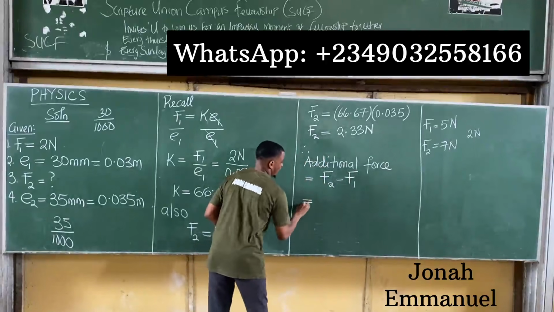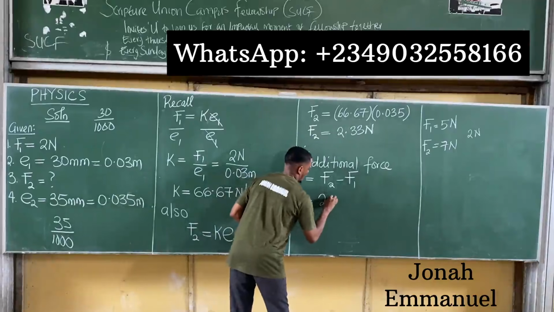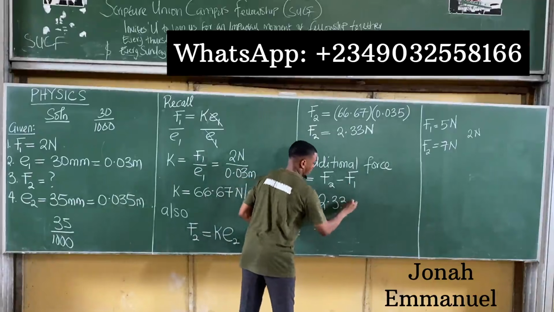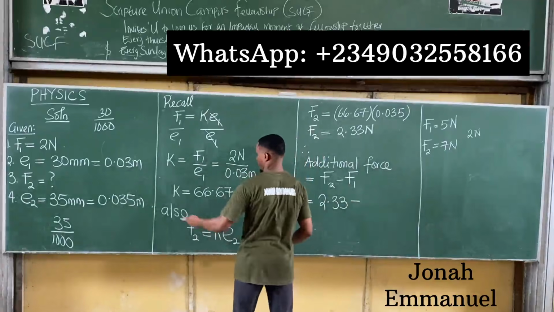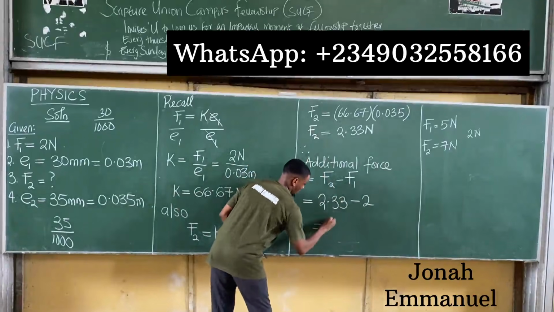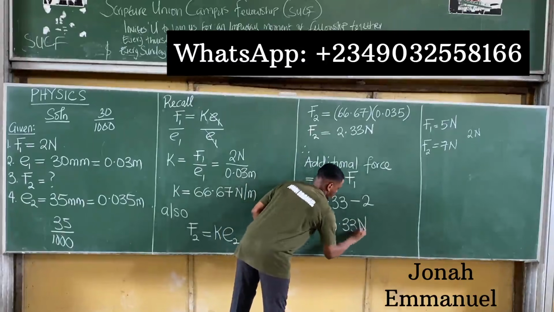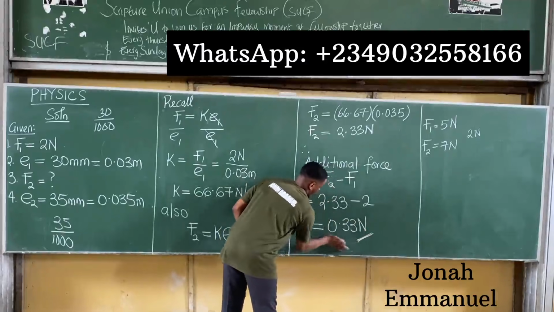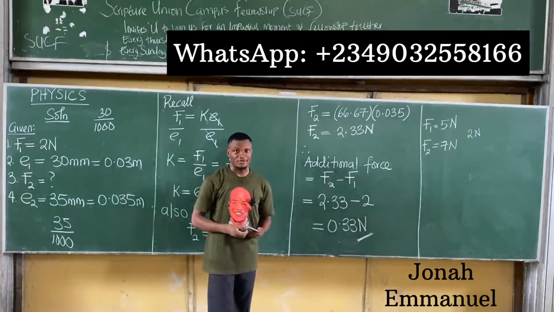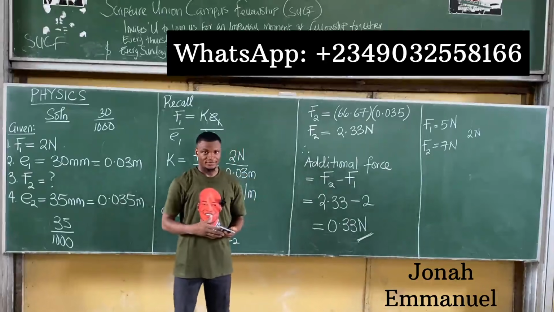So it becomes F2 minus F1, which is 2.33 approximately, minus F1, which is 2, and that will give you about 0.33 Newton. So this is the value of the additional force. This is how we solve this question.